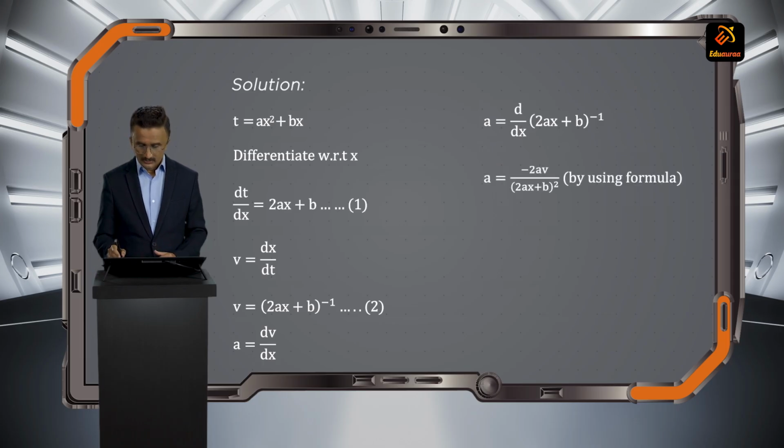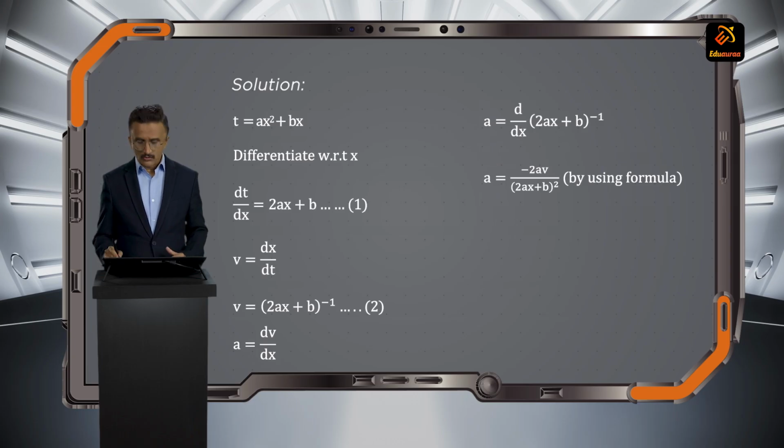It is 2ax plus b raised to minus 1 into 2a, but the sign is what? Negative, upon 2ax plus b the whole square in the denominator.